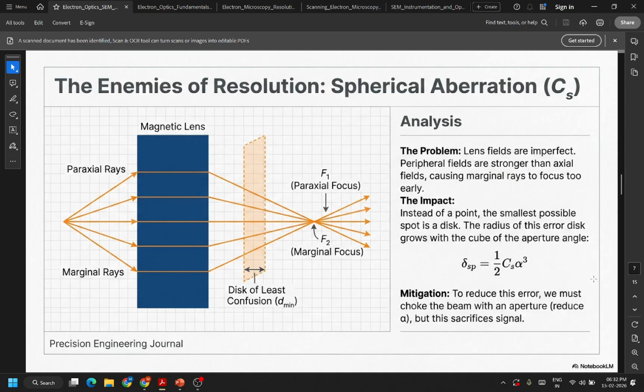So now we come to aberration. So first is your spherical aberration. The problem is that the lens fields are imperfect. The peripheral fields, that is fields closer to the edges of the lens, have stronger fields compared to the center, and this results in different focal points for peripheral rays and axial rays.